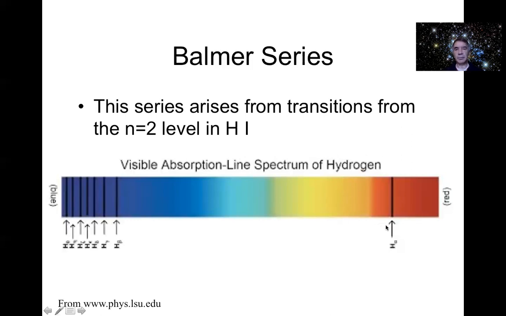So just to orientate ourselves a little bit, the Balmer series of lines has its strongest line here called H alpha. Okay, hopefully you can see that. So that is H alpha, the H alpha line, which appears at around 656 nanometers at the red end of the spectrum. And then the next line in the series is H beta.